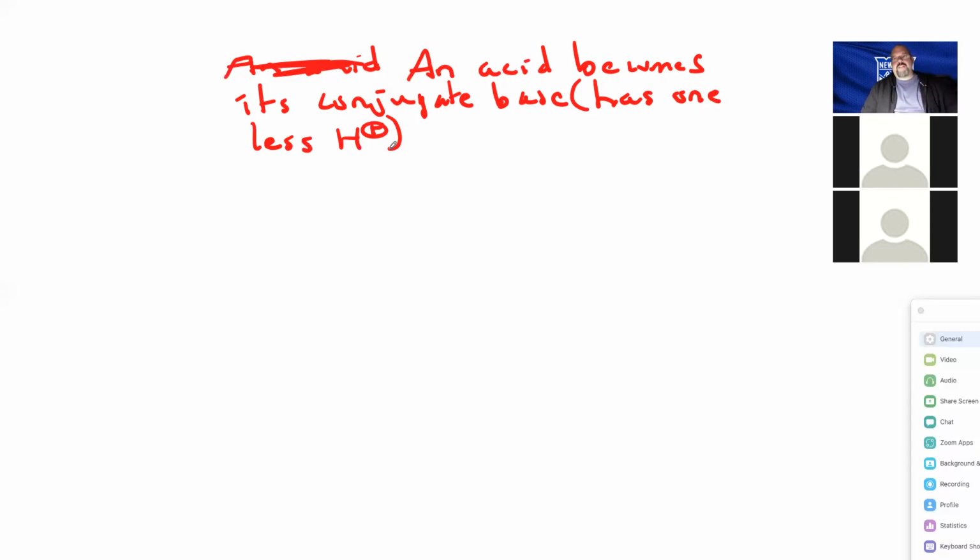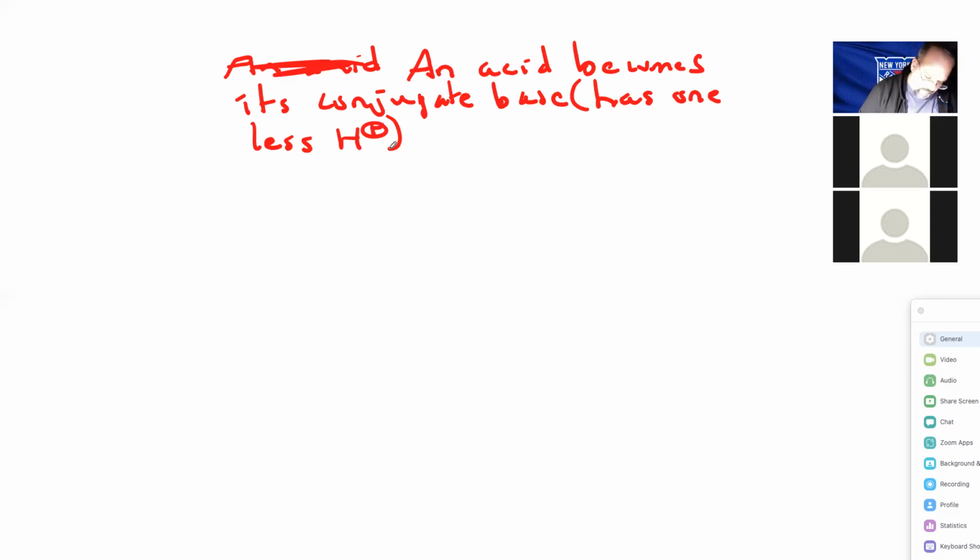Whether it's on the reactant side, or, if you have the double arrow, the product side, the acid on that side is going to become its conjugate base on the other side. How does it do that? It does that by donating a proton to what it's on the same side with.